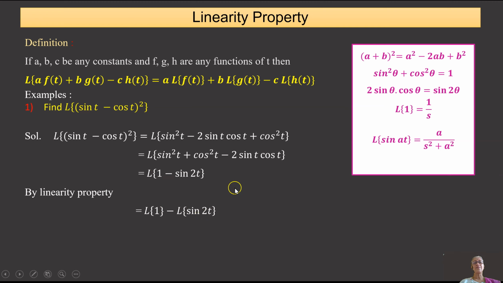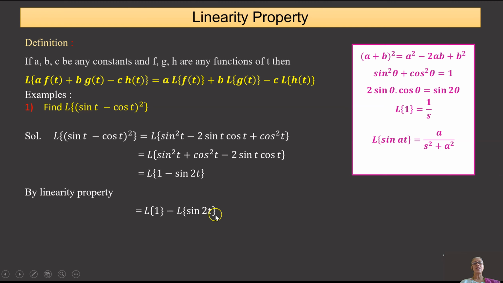According to the definition of elementary functions, the Laplace transform of sin at equals a upon s square plus a square. When you apply this formula to find the Laplace transform of sin 2t, if you compare sin at with sin 2t, here a equals 2.